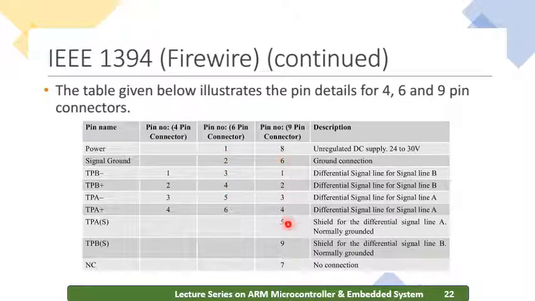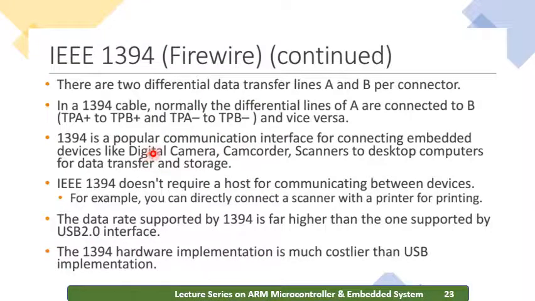And for the 9-pin connector, along with all this, we'll be having here TPA, TPB, and there are two different data transfer lines, that is A and B, per connector. So what happens here is that the different lines of A and B will be connected.